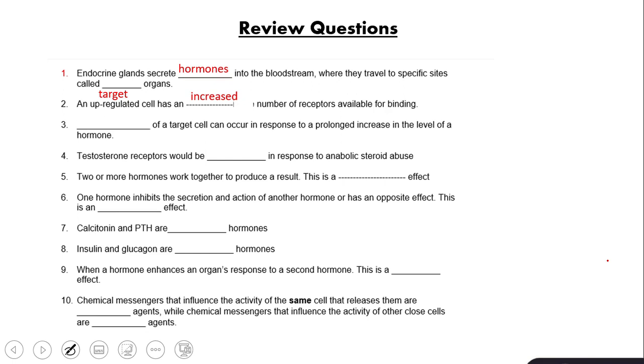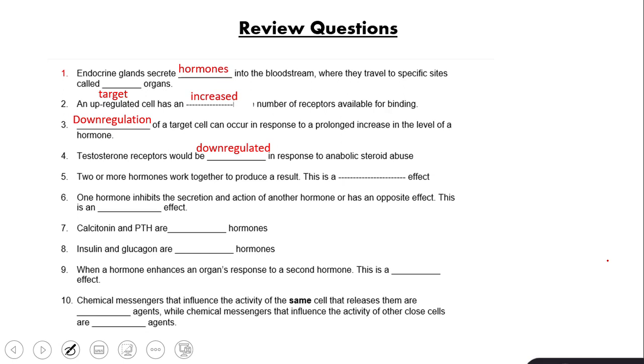What happens to a target cell in response to a prolonged increase in the level of hormone? Of course, this is down regulation, like exposure to anabolic steroids down regulate the testosterone receptors. So testosterone receptors would be down-regulated in response to anabolic steroid abuse.